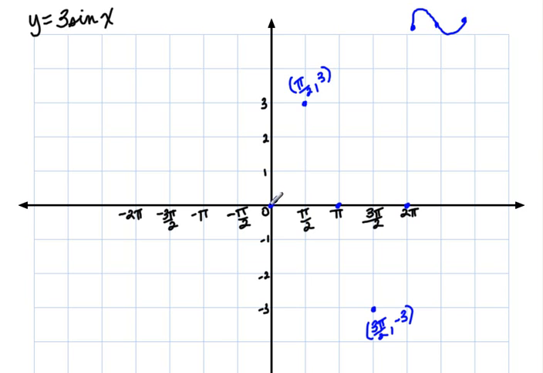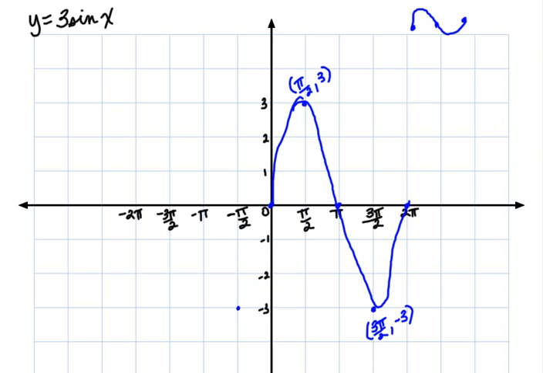And so one period of this, so hard for me to draw this on the graphing tablet, so hopefully you can see it. Okay. And then we would need to repeat this pattern, right, at negative pi over 2, what's happening?